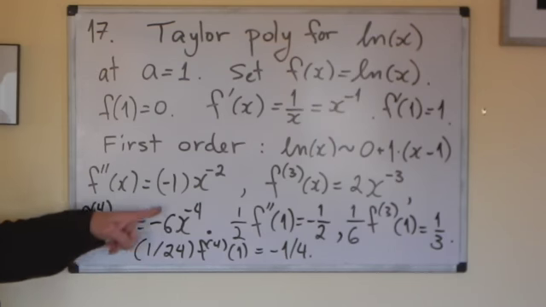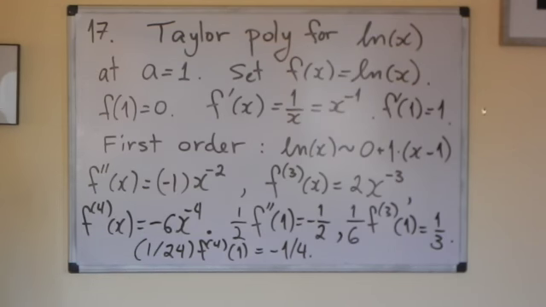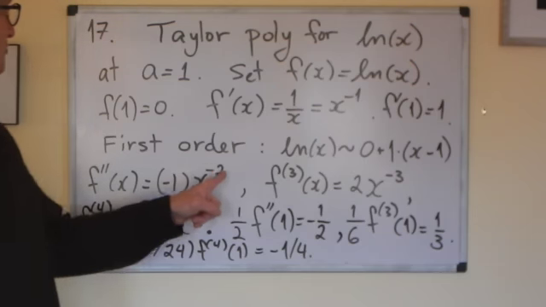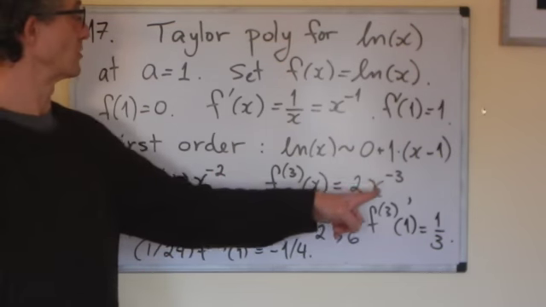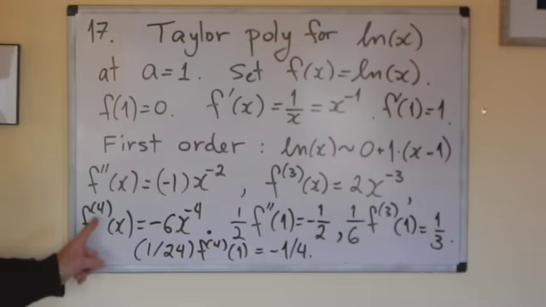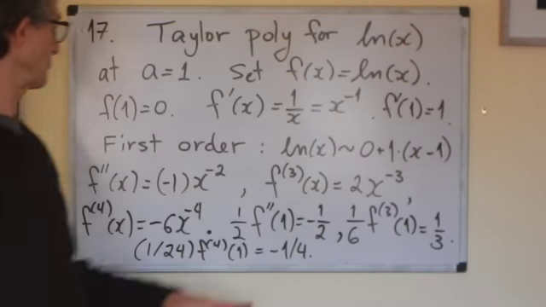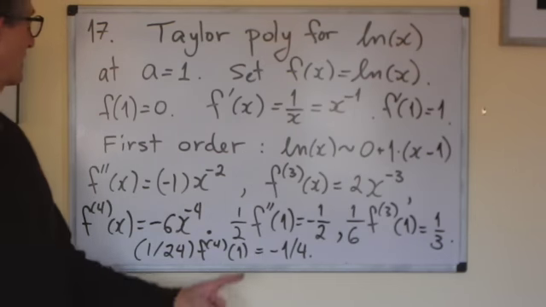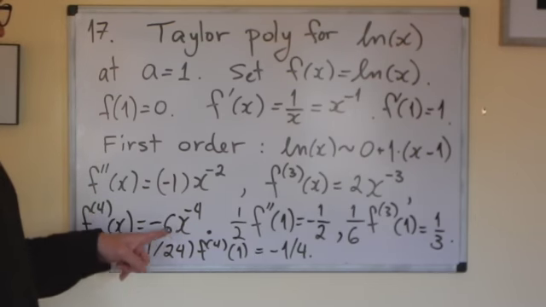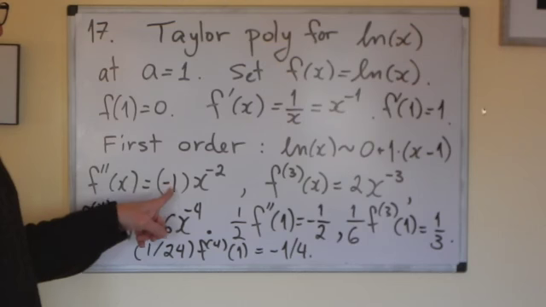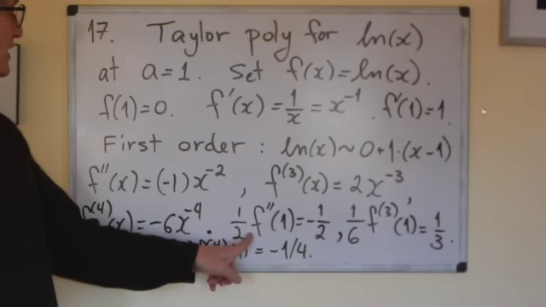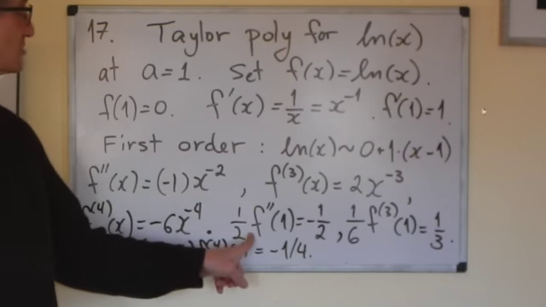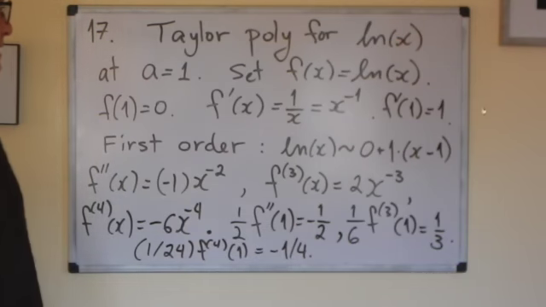The second derivative is minus 1 times x to the minus 2. The third is minus 2 times minus 1, which is 2 times x to the minus 3. The fourth is minus 3 times 2, which is minus 6 times x to the minus 4. So when I evaluate the second derivative at 1, I get minus 1, and dividing by 2 factorial, which is 2, I get minus a half.